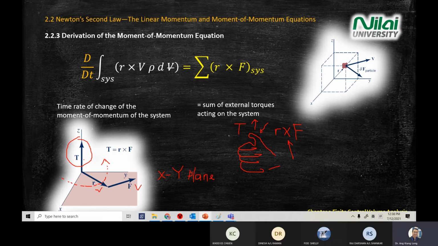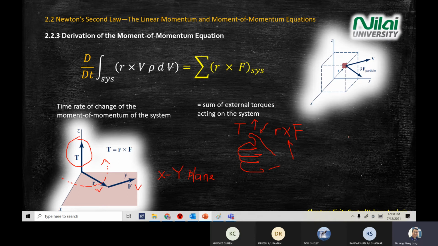Try to understand how you get the arrow. I just explained the right hand rule. Try to look at your screen. Try to relate the red color diagram and the left hand side diagram. Are you able to explain the T direction? If I flip my force to the other direction, what happens to the direction?